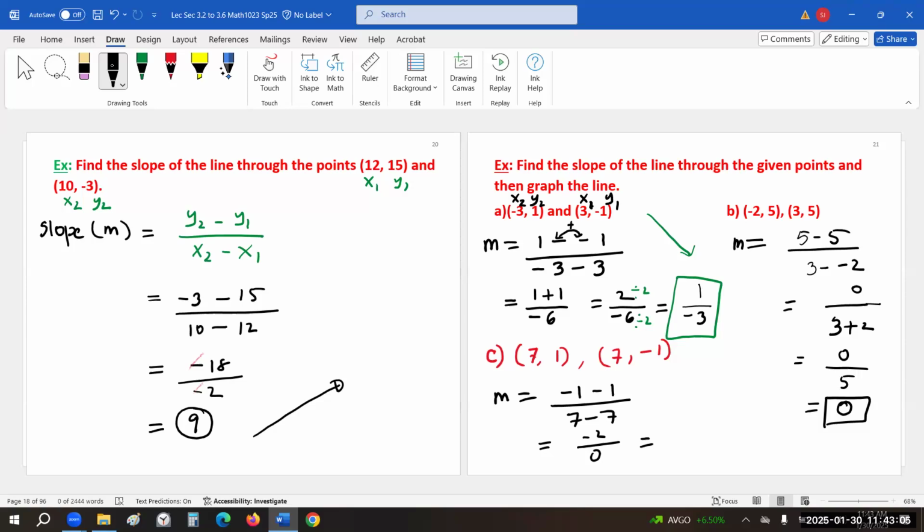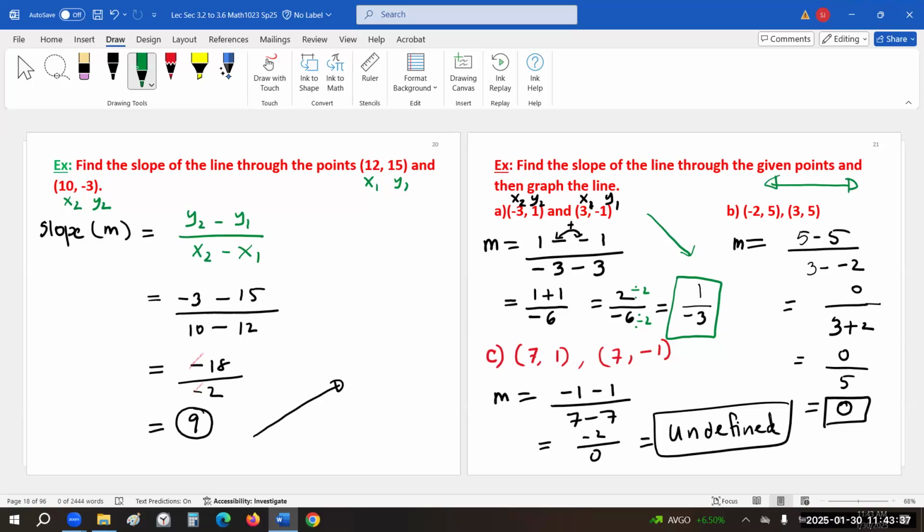That's why we can never divide anything by 0. If you try to divide anything by 0, it becomes unreal. So it's undefined. It's not possible. So what type of line has 0 slope? It's a flat surface. So the line for this one is a straight horizontal line.